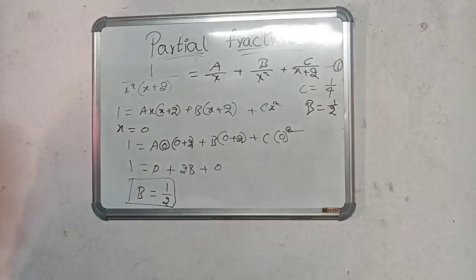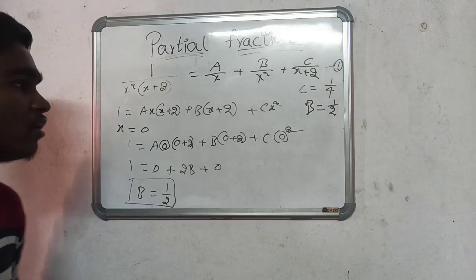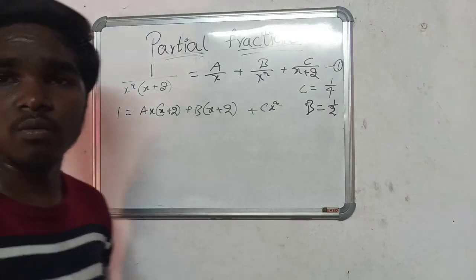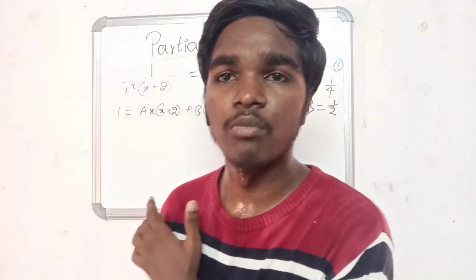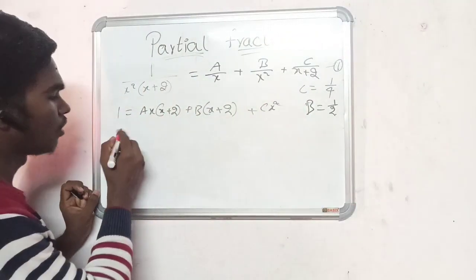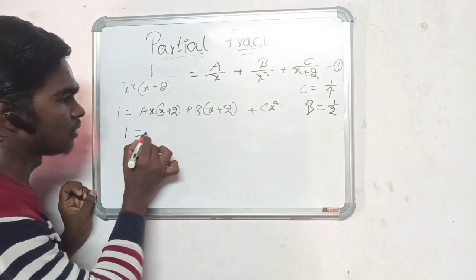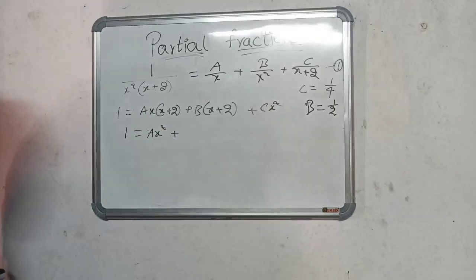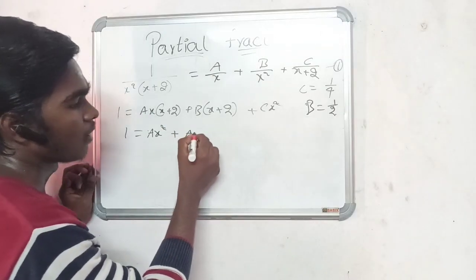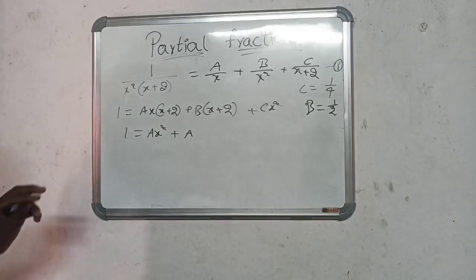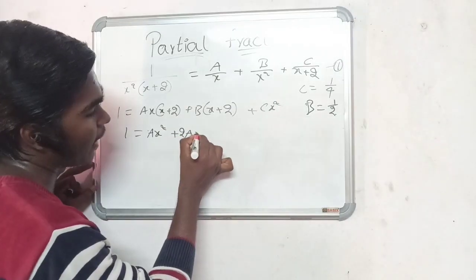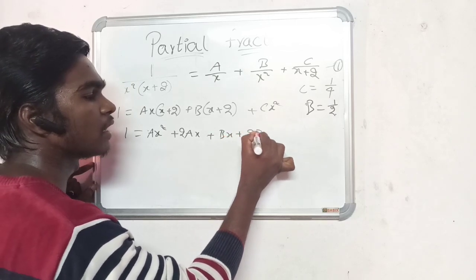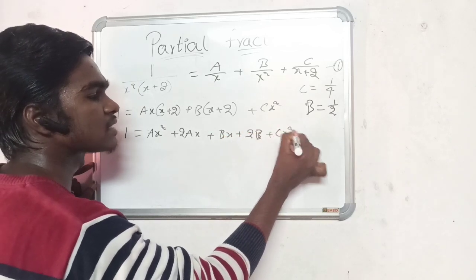Now we want to find the a value. For finding the a value, see the process. To find the a value, we want to simplify the above equation. 1 is equal to ax into x, ax square plus 2ax plus bx plus 2b plus cx square.